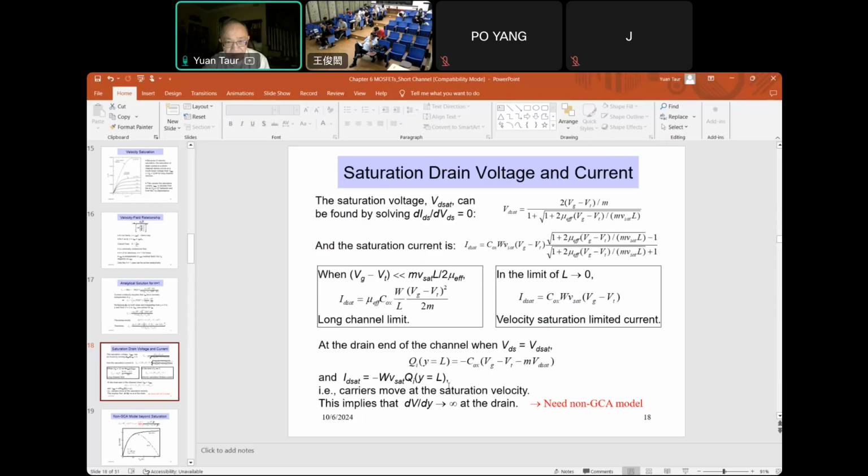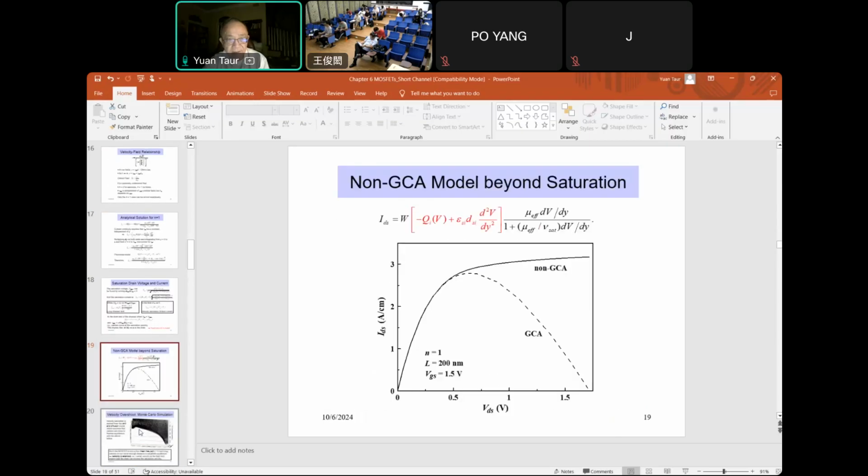But nevertheless, the velocity equals V_set, which implies dV/dy is also equal to infinity. So that means the GCA model will break down. And so far we followed the GCA model. So now we need a non-GCA model, like what we described in chapter 5. And that model is shown here.